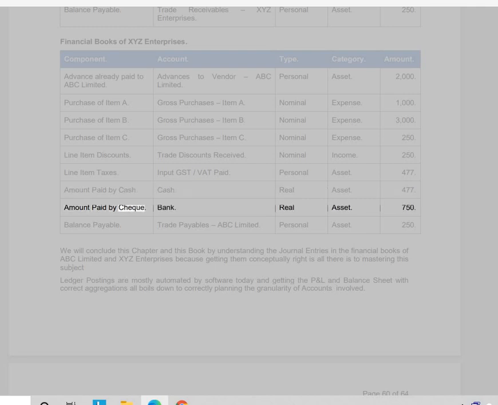Amount paid by check, bank, real asset, 750. Balance payable, trade payables, ABC Limited, personal asset, 250.